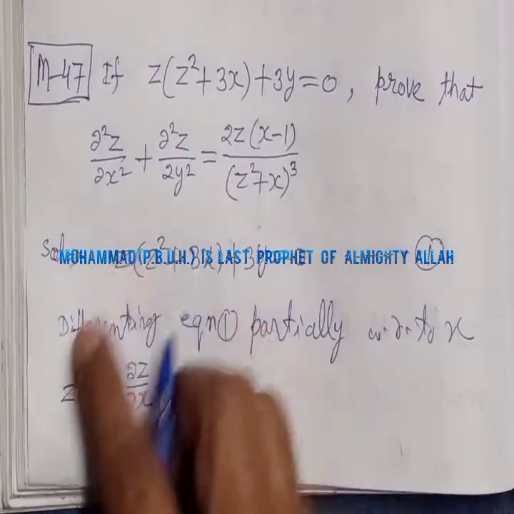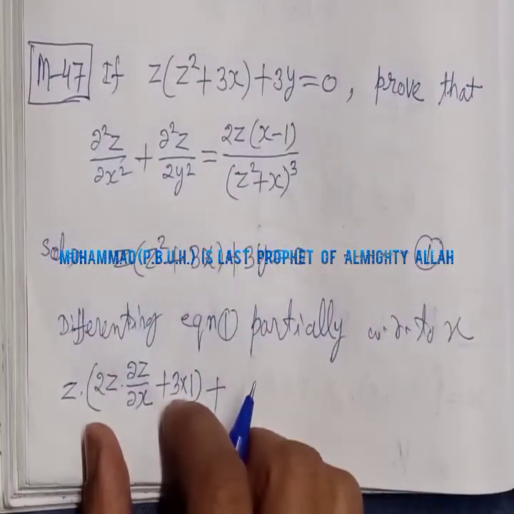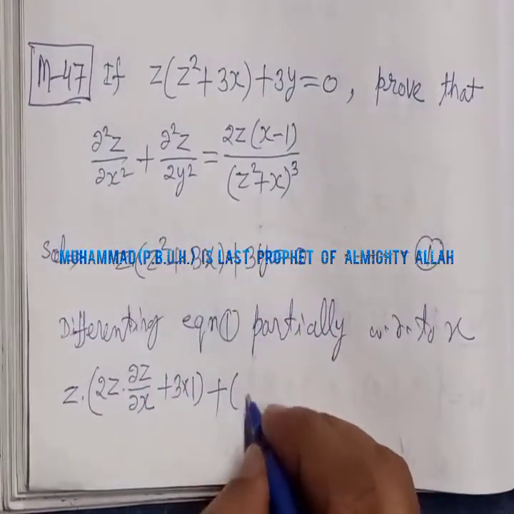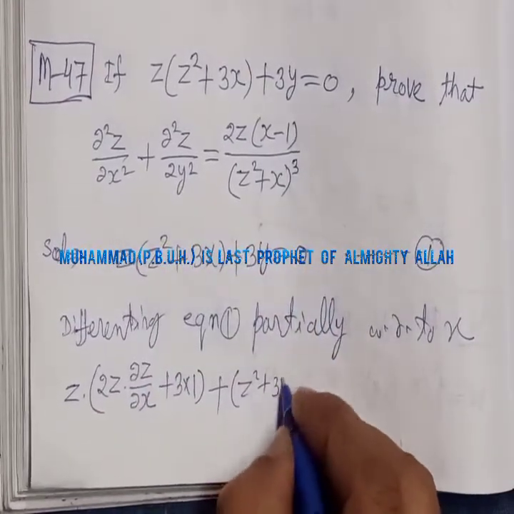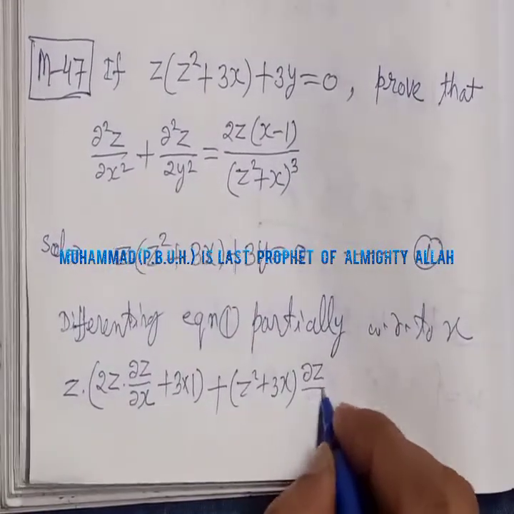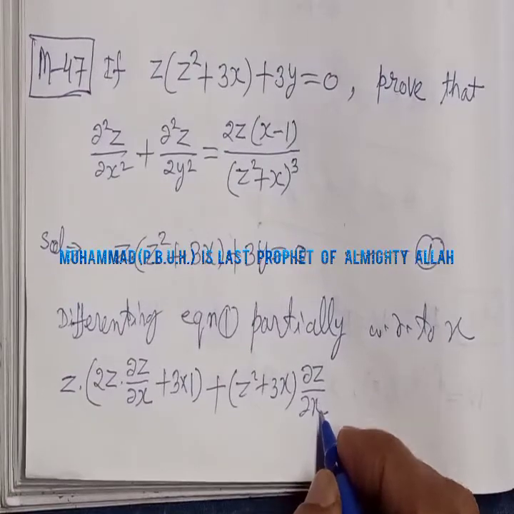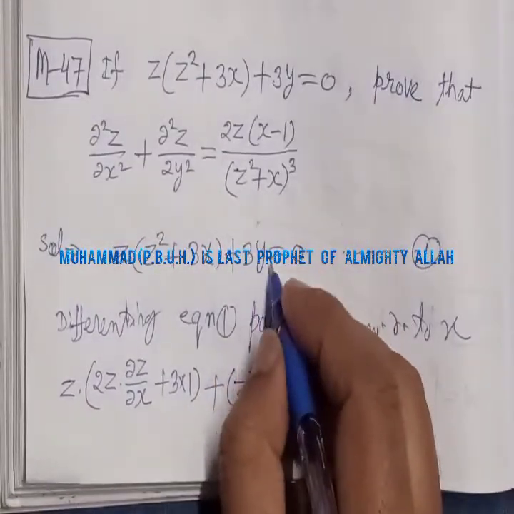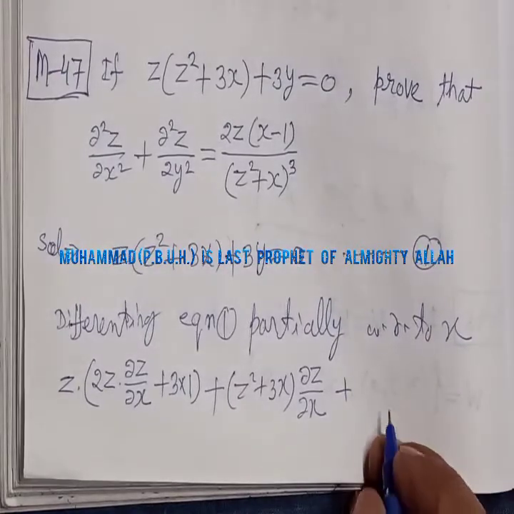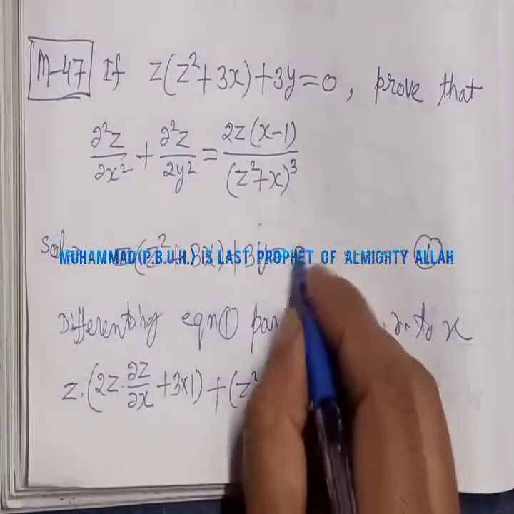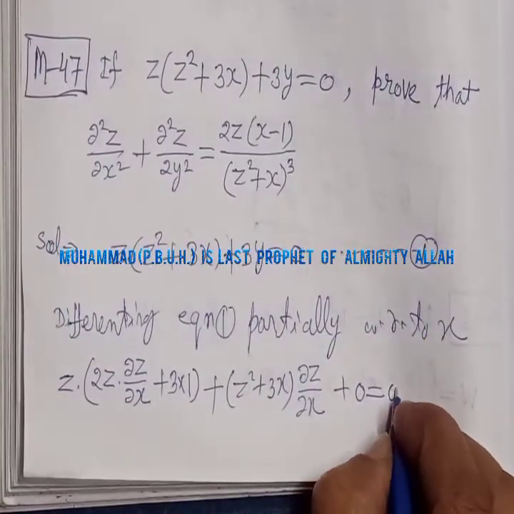First function as it, differentiation of second, plus second function as z square plus 3x, differentiation of first means del z over del x. Differentiation of 3y: for x it is a constant, so differentiation of constant is equal to 0. Differentiation of 0 with respect to x is equal to 0.